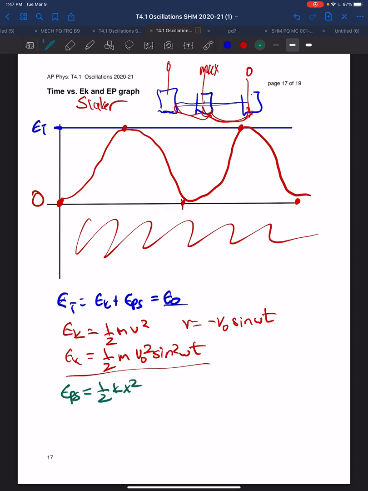And we said that x is minus x naught cosine omega t. So when we substitute that in, we get 1/2 k times x0 squared cosine squared omega t.